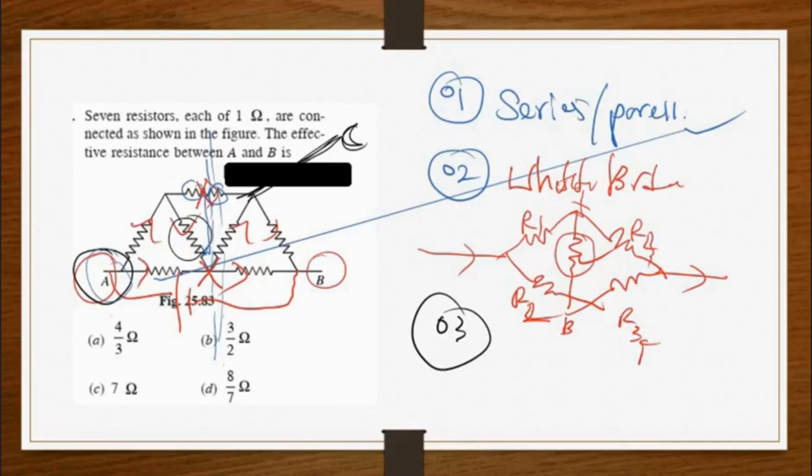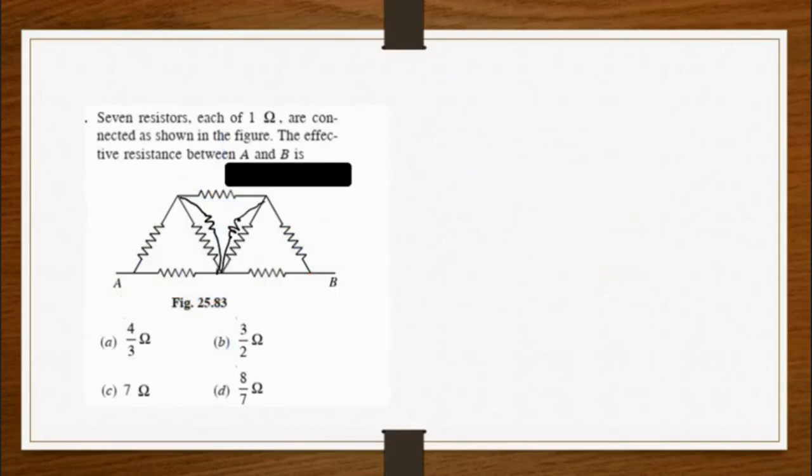Now see what I have done. I have removed it from here and connected it to here, half of it, half of it. So the value of this resistor is 1 over 2, and this is also half. So this resistor and this resistor now are parallel, starting from the same point, right?